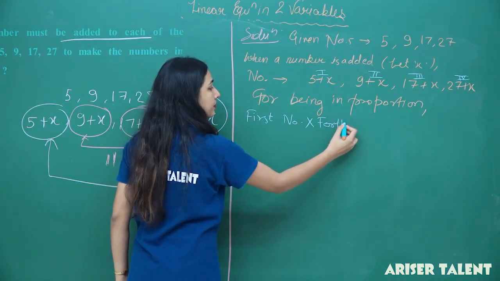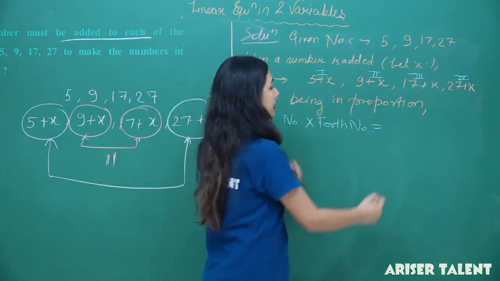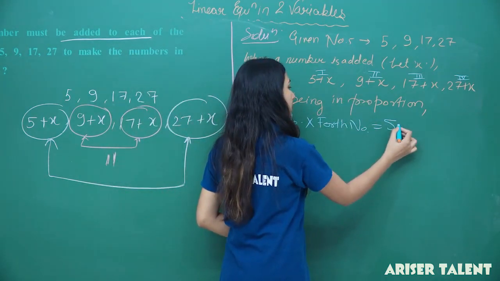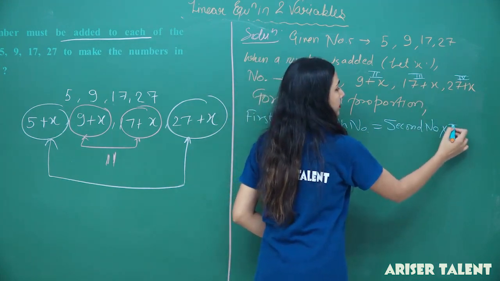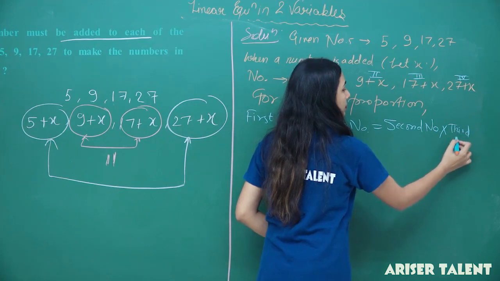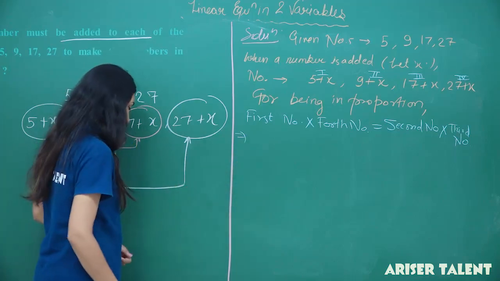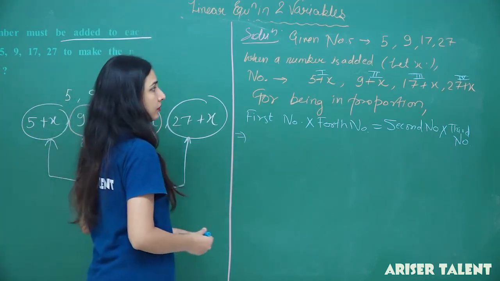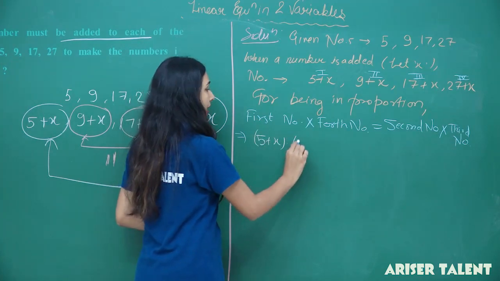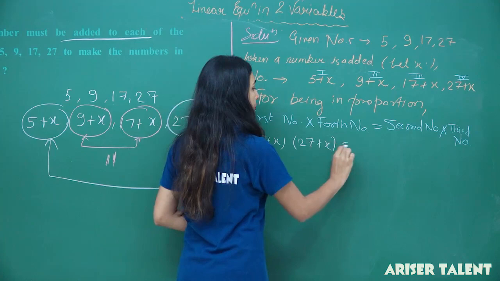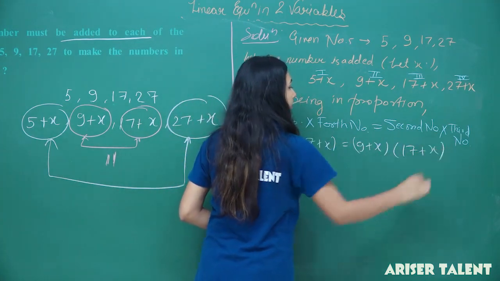The first multiplied by the fourth number should be equal to the second number multiplied by the third number. This implies, can I just write the values now? 5 plus x multiplied by 27 plus x should be equal to 9 plus x multiplied by 17 plus x.